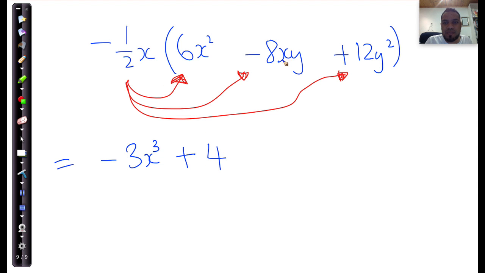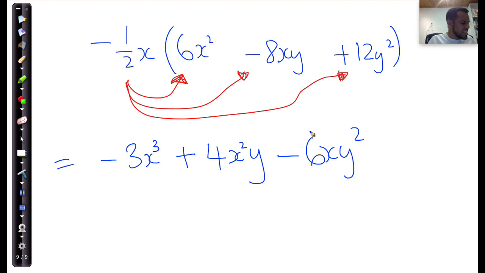And x multiplied by x is x squared. And you're just left with y. Then let's do the last one. A negative multiplied by a positive. What does that give you? A negative. A half multiplied by 12. Very good. That's equal to 6. That's just x over there. And I'm left with y squared.